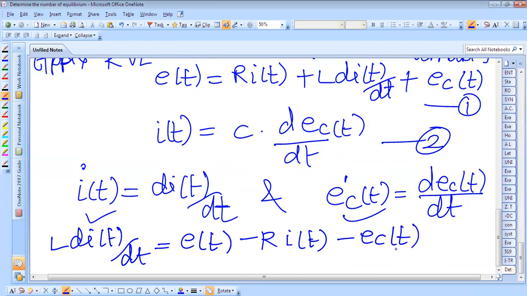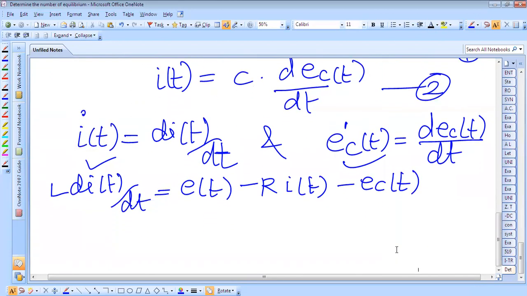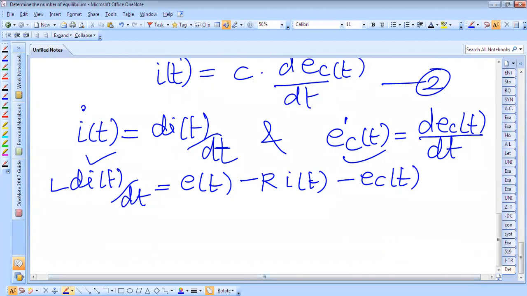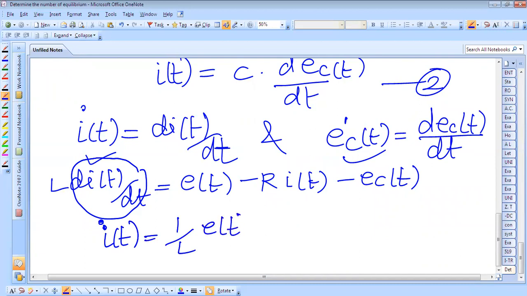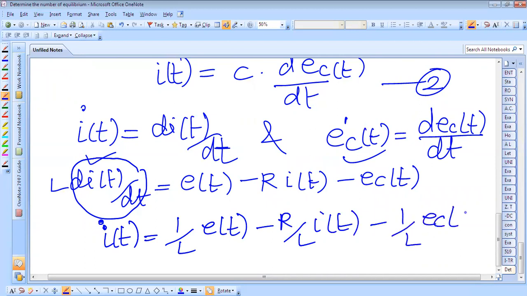So instead of di(t) by dt, we substitute i dash. So i dash is equal to 1 by L e(t) minus R by L i(t) minus 1 by L ec(t).